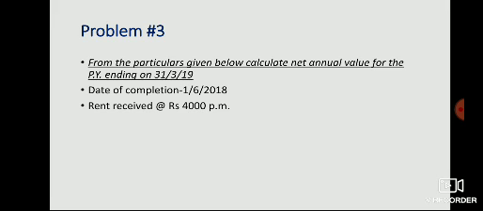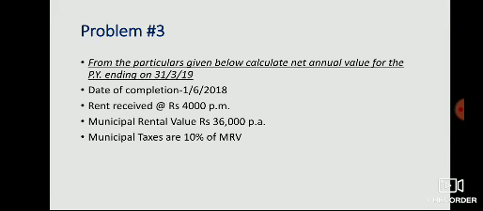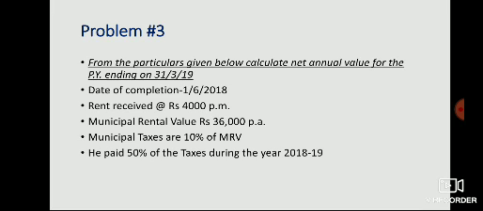The rent received or the actual rent is rupees 40,000 per annum. Municipal rental value rupees 36,000 per annum. Municipal taxes 10% of MRV. He paid 50% of the taxes during the year 2018-19.